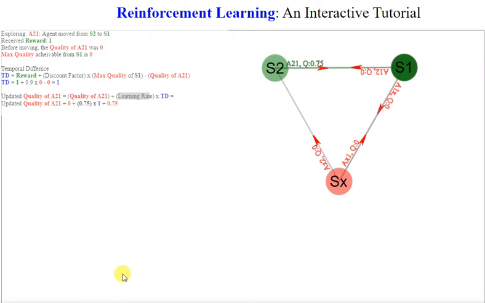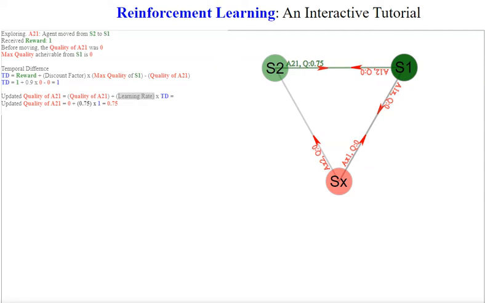After calculating TD, what next? Now the agent updates the quality of the selected action, which is A21 here, by scaling the TD with a learning rate factor. Another scaling factor again. Now, why do we need this? Well, remember the agent is blindfolded.